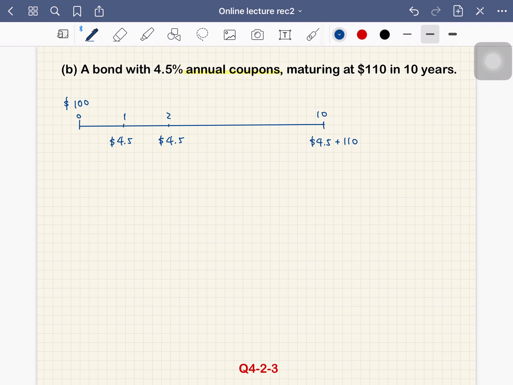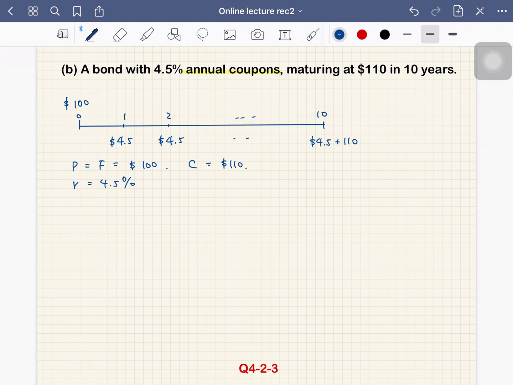So this is the cash flow. We can say that P is equal to F is equal to $100, and C is $110. And R is equal to 4.5%.